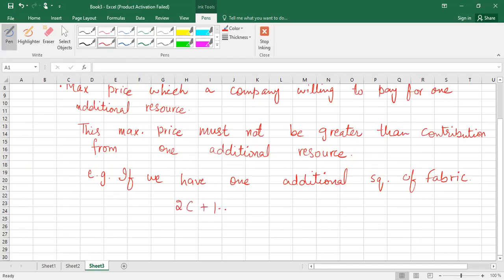So our equation was 2C plus 1.9T. Previously it was 1180, now it is 1181. And the second equation is the same, 7C plus 4.95T is equal to 3490.